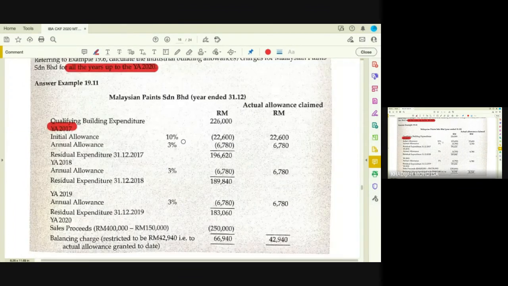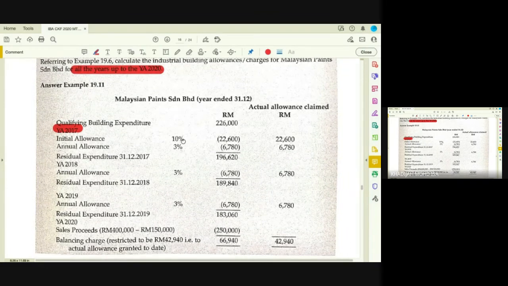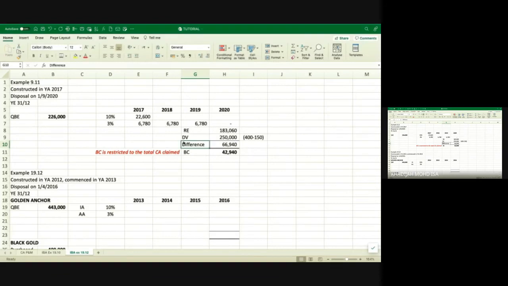19.11. Oh. Alright. So I just want to show you that in this answer, the author has prepared the computation vertically. But if you were to do it like my form, the horizontal way looks easier, and it is easier for you actually, because you don't have to put all the years many times.